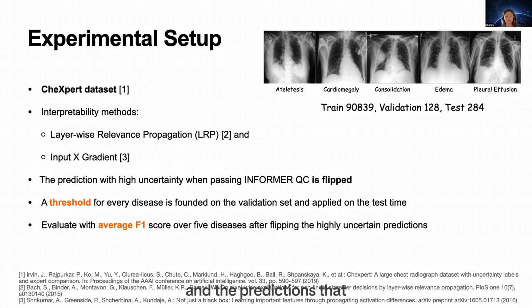The predictions that are deemed highly uncertain by the Informer quality control are then flipped. This is because we are evaluating on a multi-label dataset, and every class will be considered as a binary class. The quality control methods will be evaluated on an average F1 over 5 classes post-flipping. The flipping is determined by thresholds obtained on the validation dataset, and our performance will be evaluated on the test set.